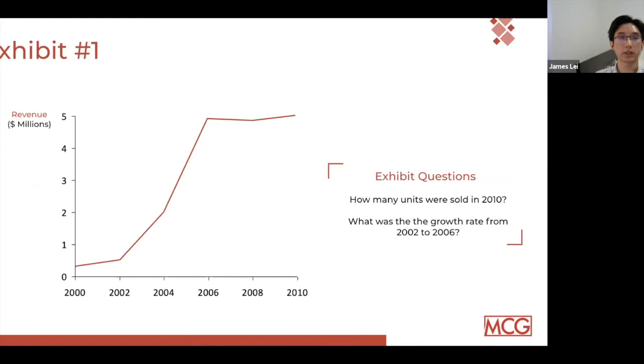Sure. So it looks like this is a chart that shows revenue for, is this for Dark Sky as a firm or is this only for the assessor? So this is only for the assessor. Okay, perfect. So it looks like this is a revenue exhibit for the assessor between the years 2000 and 2010, showing total revenue on the y-axis. Some key points: there's relatively little growth between 2000 and 2002.